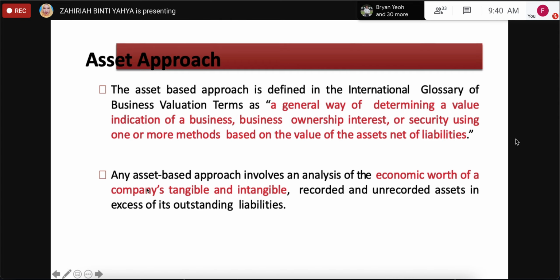Okay, so any asset-based approach involves an analysis of the economic worth of a company, tangible and intangible assets. Yeah, you know that asset can be tangible and it also can be intangible. So can you give me example of tangible asset? Property.